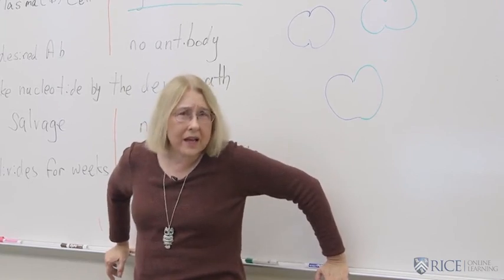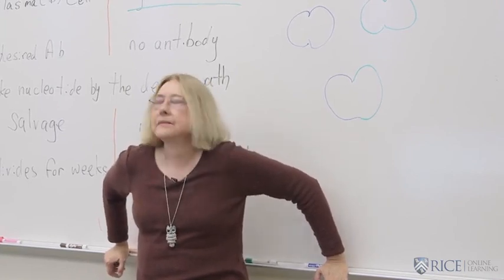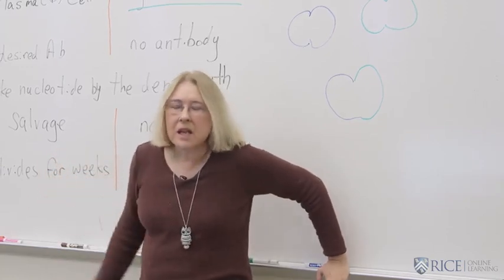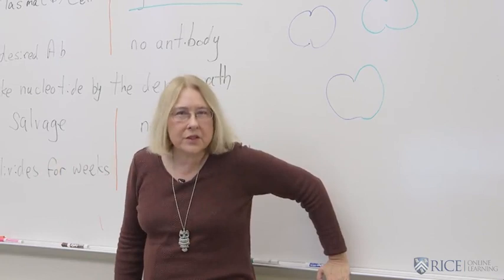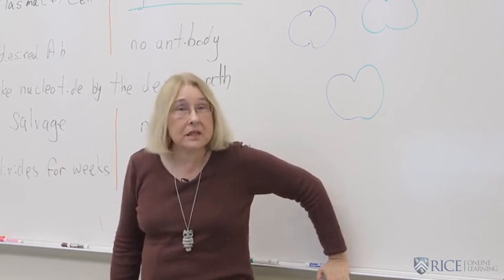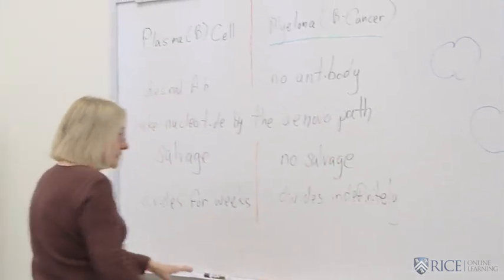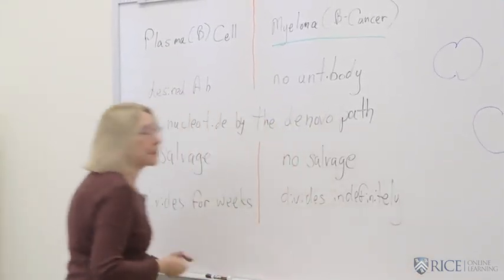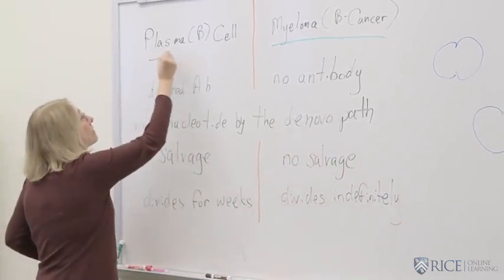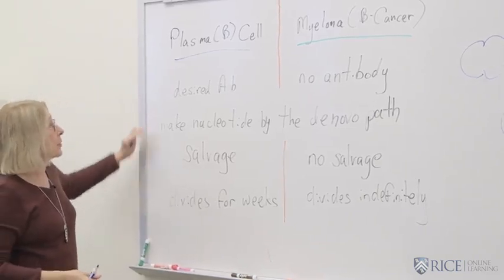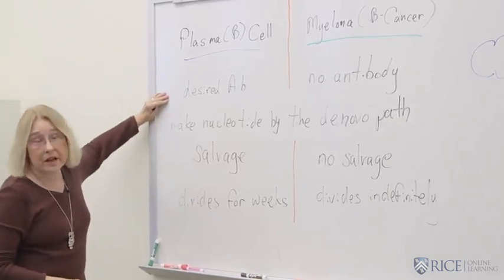So what I have in your outline, and I've done a reduced form up on the board, is a table that tells you what each of these cells brings to the party. So here we have the plasma B cell. The plasma B cell is going to produce the desired antibody.